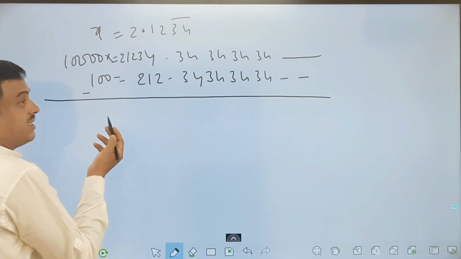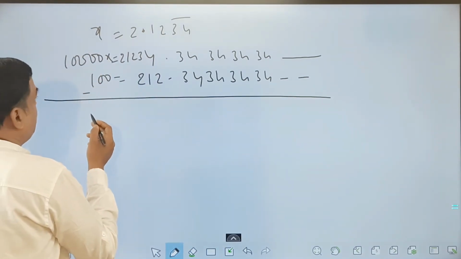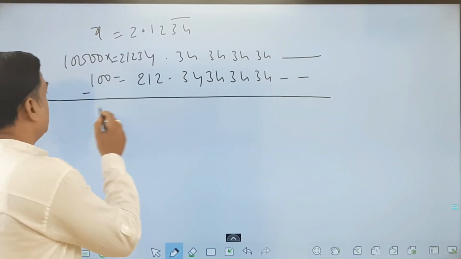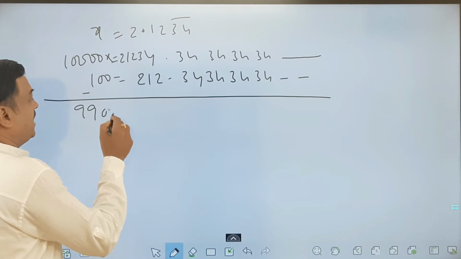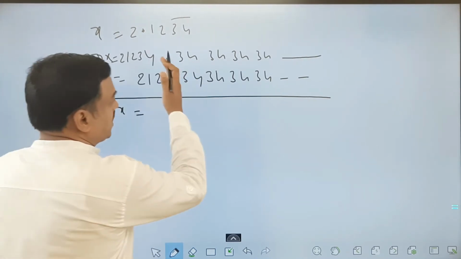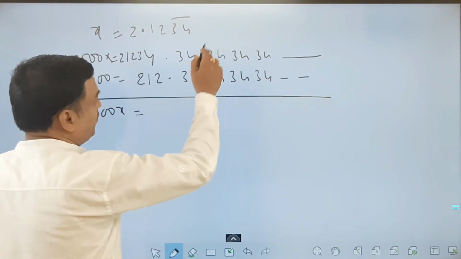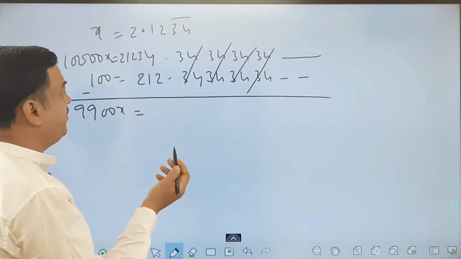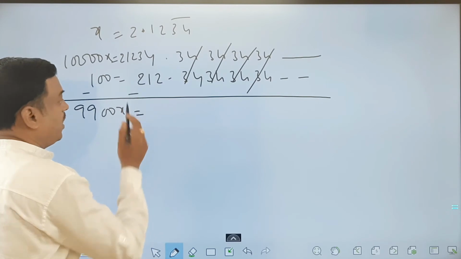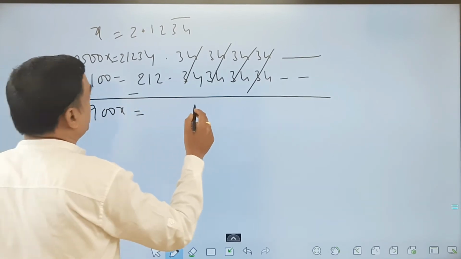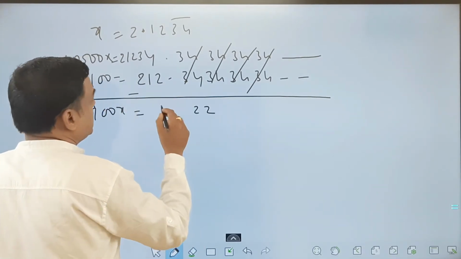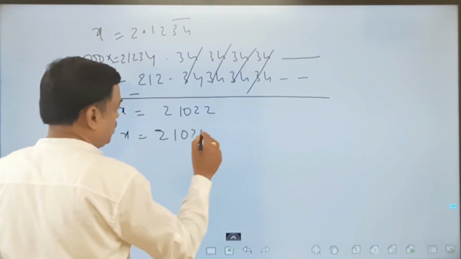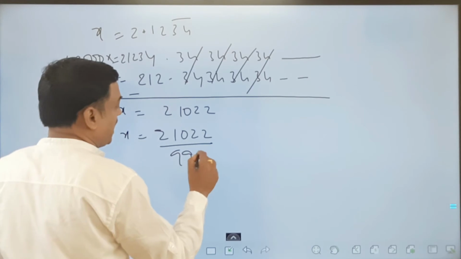This is 10,000 minus 100, which is going to be 9,900 x is equal to, you can see the complete decimal side 343434 will be gone, and then subtracting 21234 minus 212, it is 21022. And final answer is x is equal to 21022 upon 9,900.